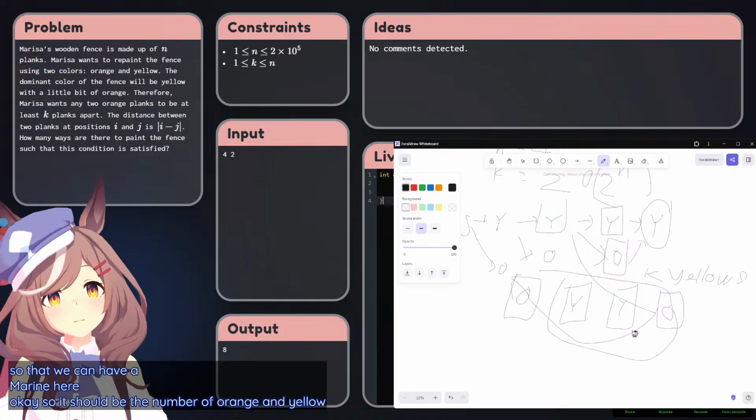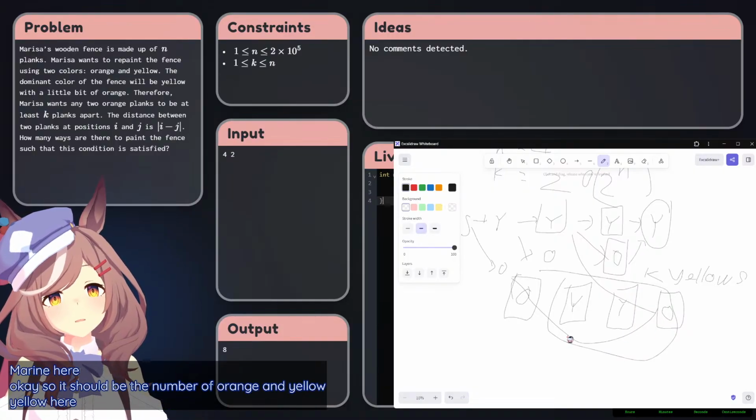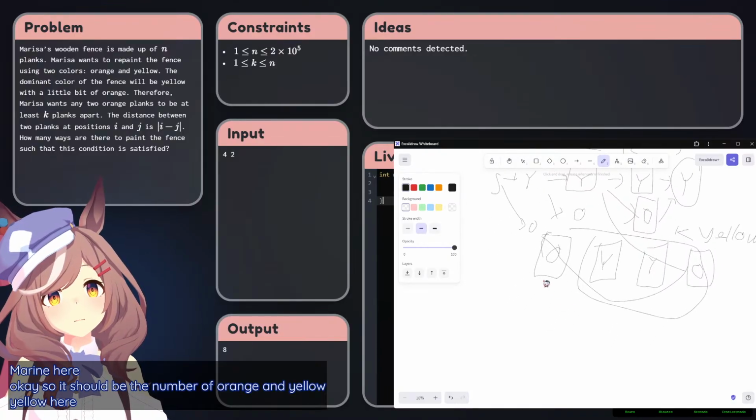It can be yellow here, so orange and yellow.